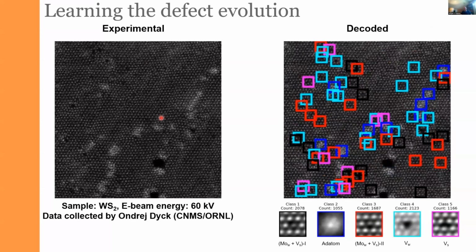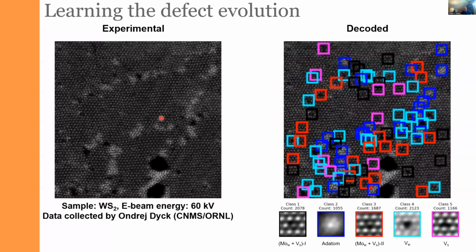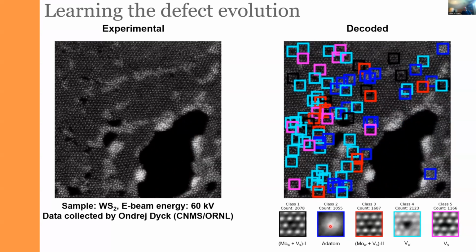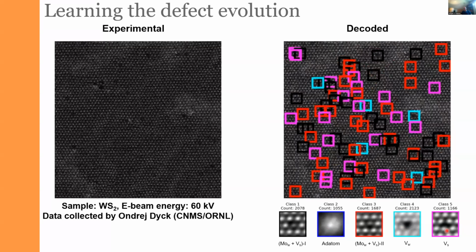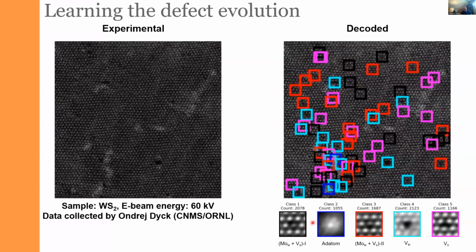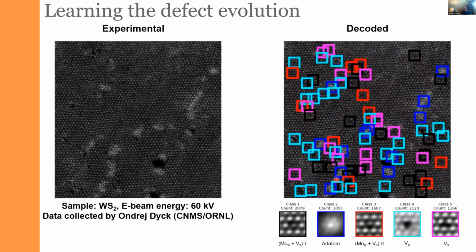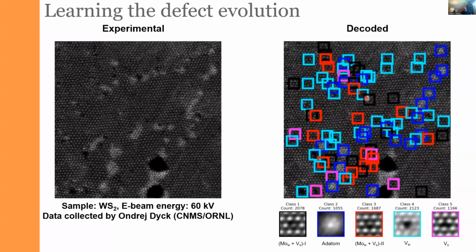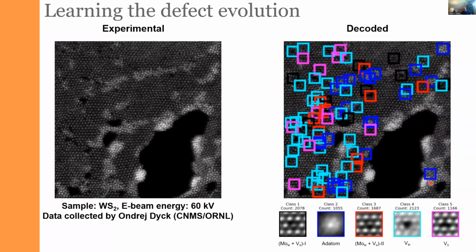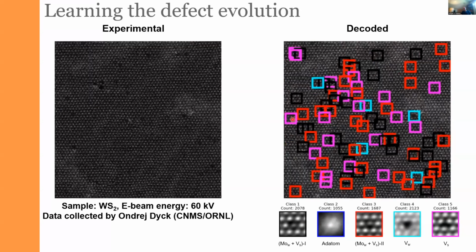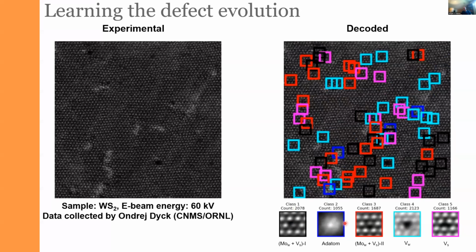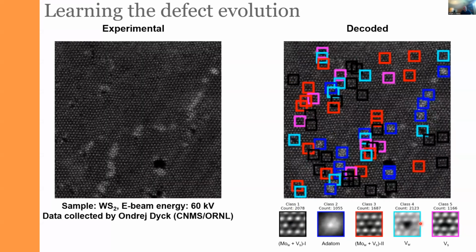An example of using deep learning to learn something from this data is to train a network that is going to find the point defects, but nothing else. This is a defect sniffer type of network. Notice what happens. The network ignores the large objects like holes or clusters of the second phase, but it actually follows the individual point defects, and it classifies the point defects as they form.